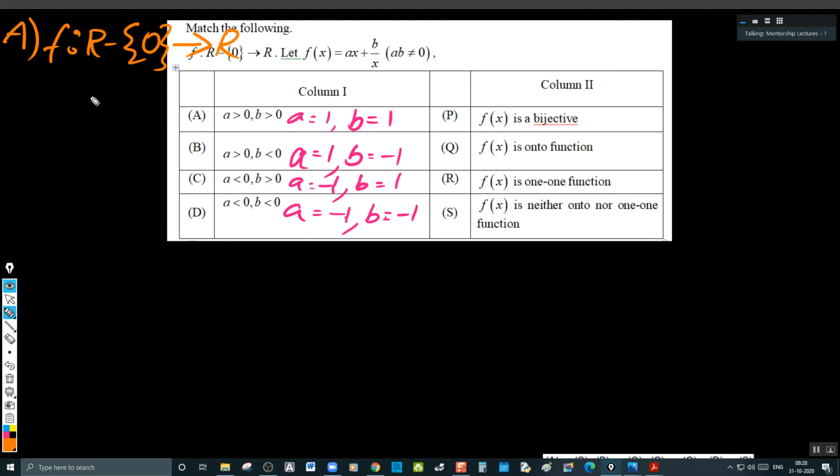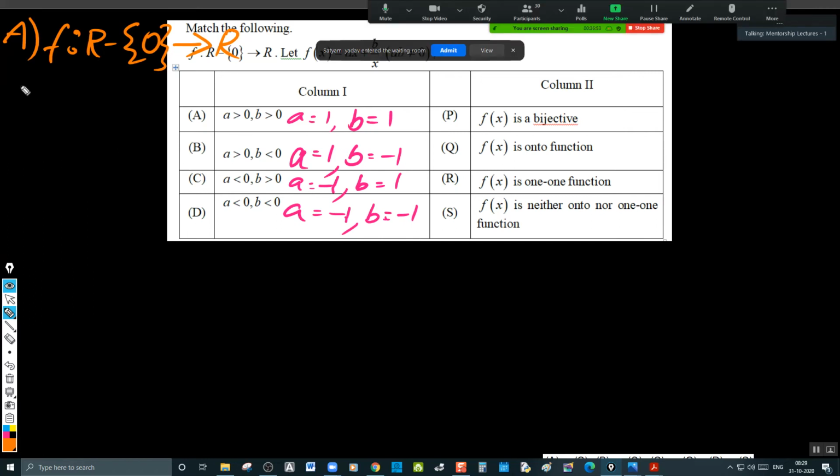Okay. Now, option A we are taking, that is, not option A, the question A. f of x is equal to, I asked you to take 1, 1, thereby f of x becomes x plus 1 by x.